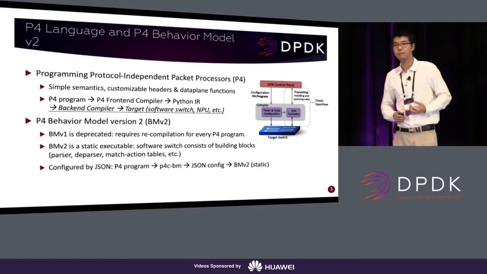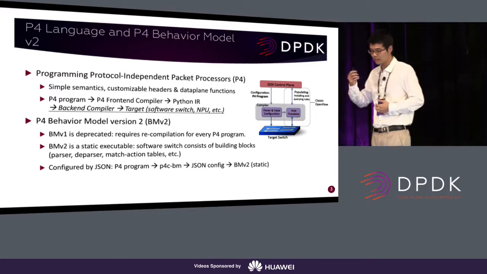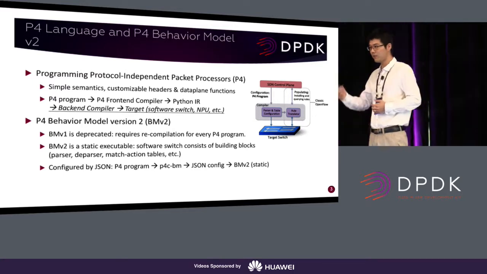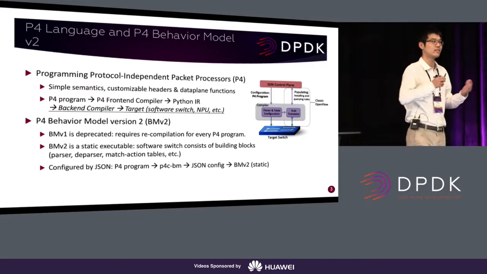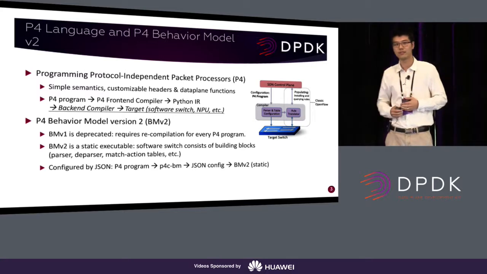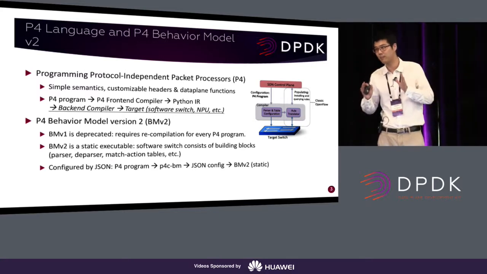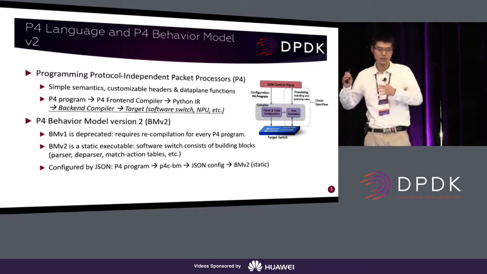People used to have behavior model version 1, which is now deprecated because it requires recompilation for every single P4 program. Now people use BMV2, which is a static executable that consists of some very basic building blocks like parser, deparser, match-action tables.